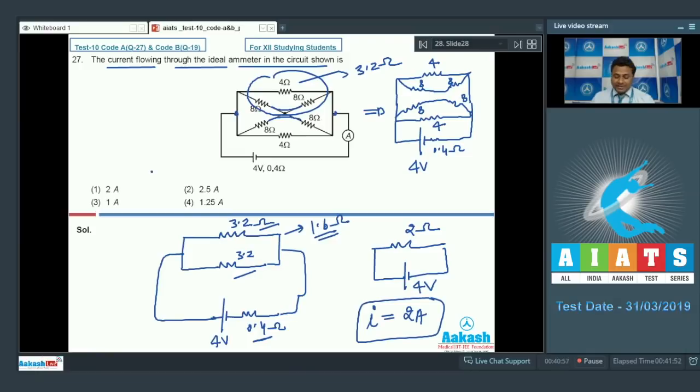After looking at the options, we can say that option number 1 is absolutely correct, so we will go with option number 1. Now let us proceed to the next question, question number 28.